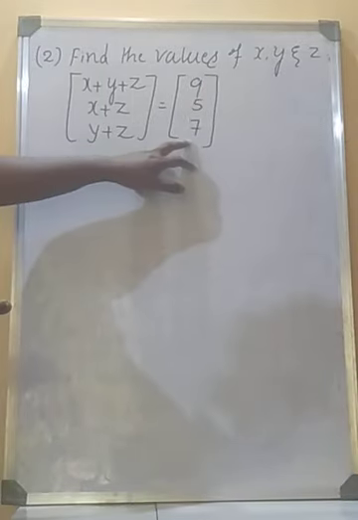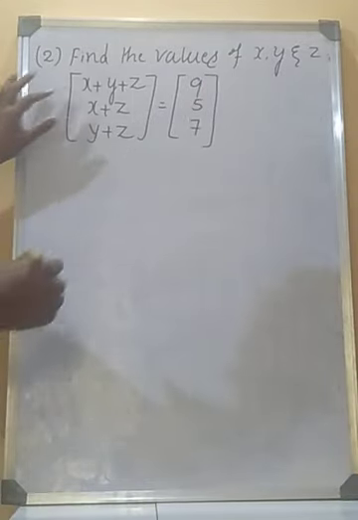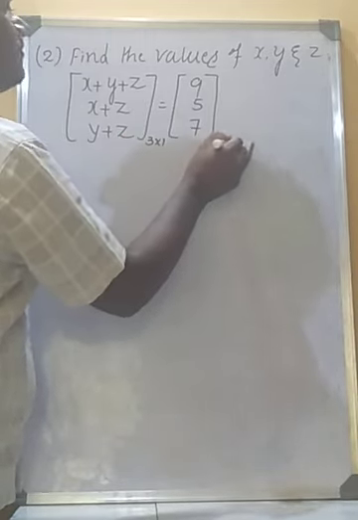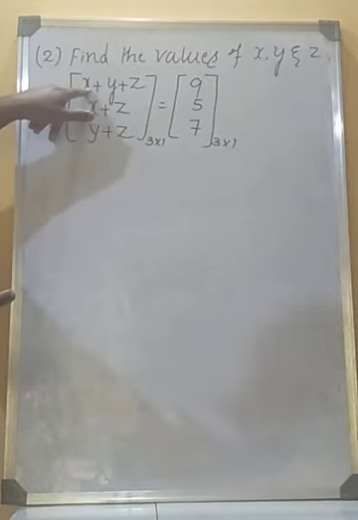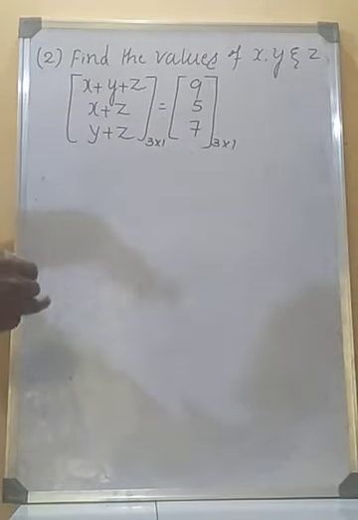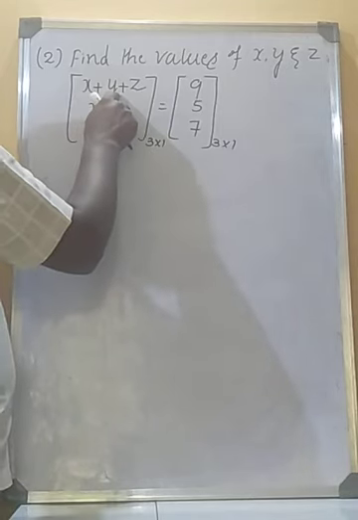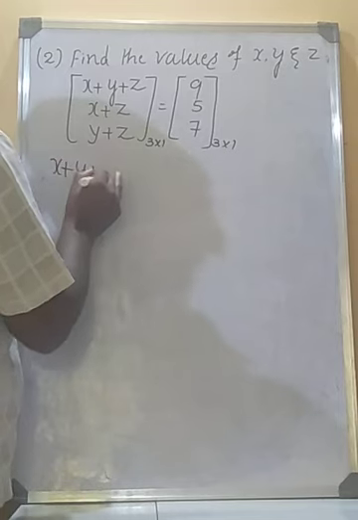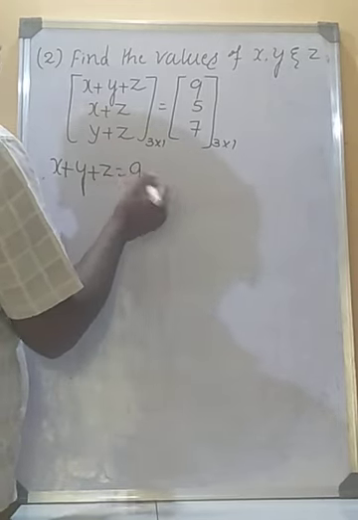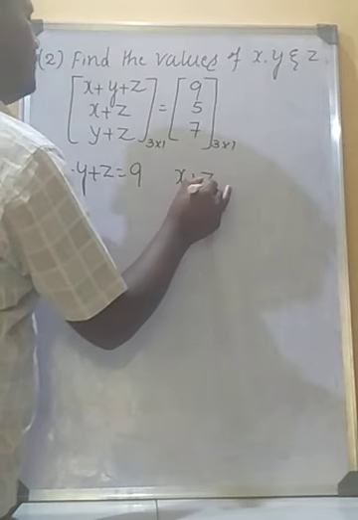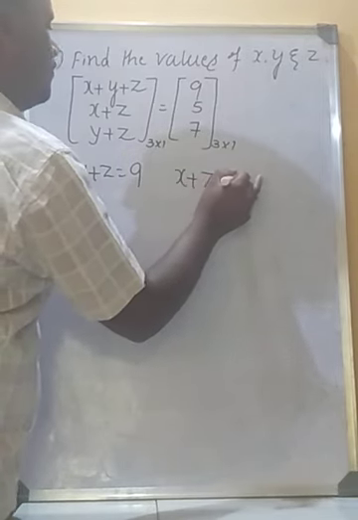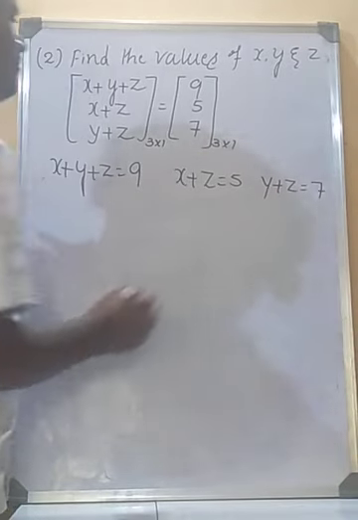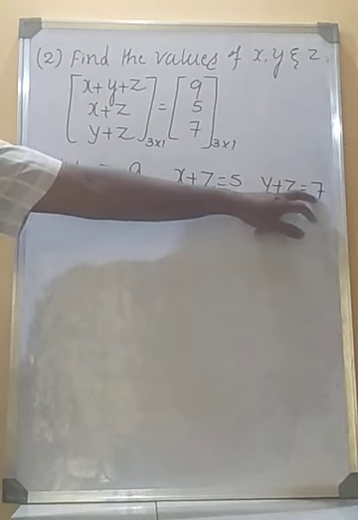These two matrices are equal matrices. The order is 3 cross 1 and the order is also 3 cross 1. Then find the values of x, y, z. X plus y plus z is equal to 9. X plus z is equal to 5. Y plus z is equal to 7.